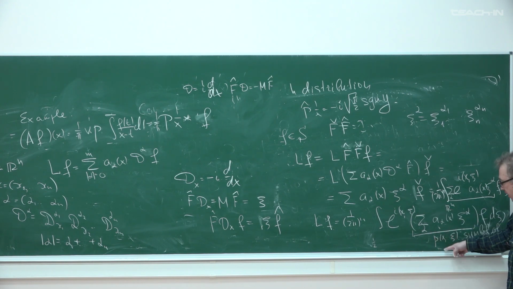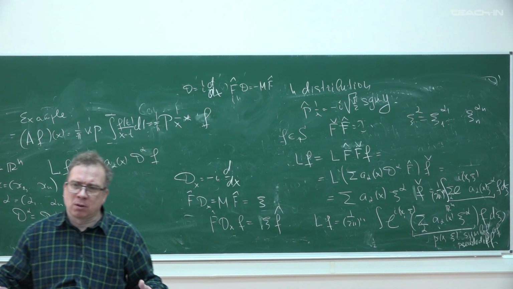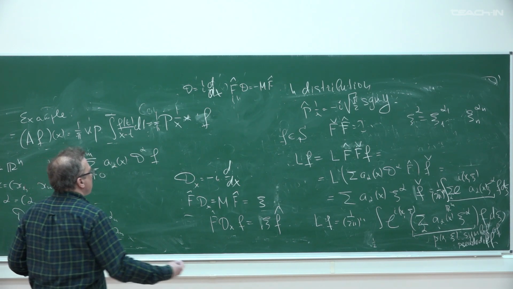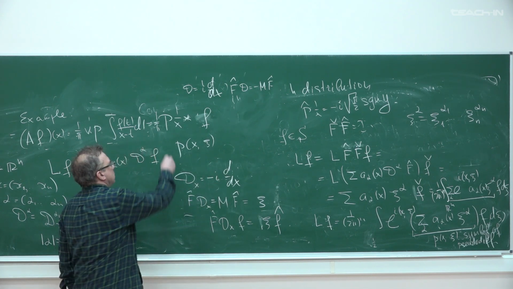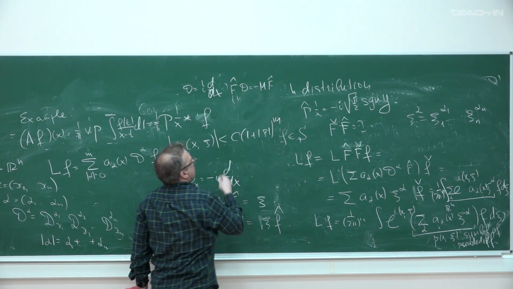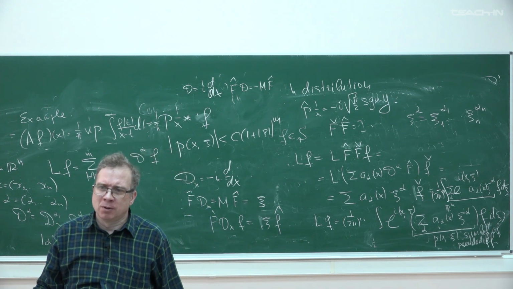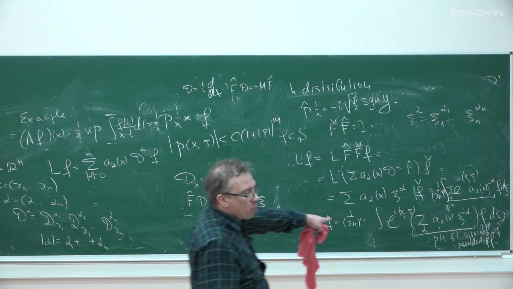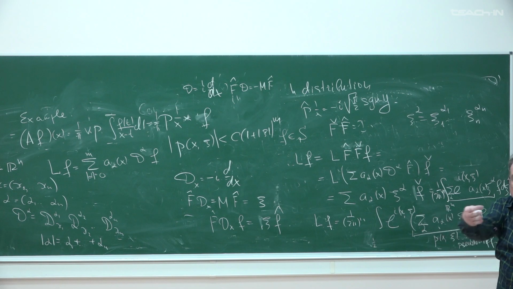You can consider a function of any dependence on xi, but with growth not larger than polynomial. So you can define this p of x xi, not polynomial, but with a constant c, 1 plus xi to the power m. There exist a constant c and a power m such that it grows not larger than a polynomial. And you consider the integral operator with such a symbol. And you name this operator with such a symbol a pseudo-differential operator.